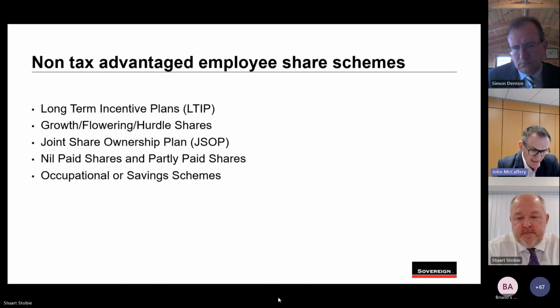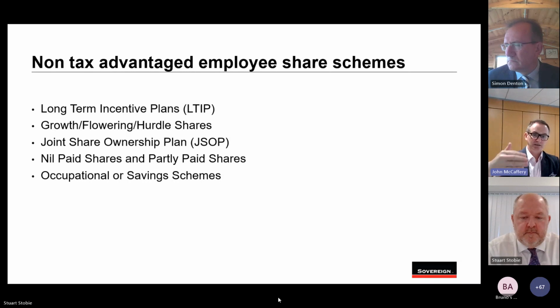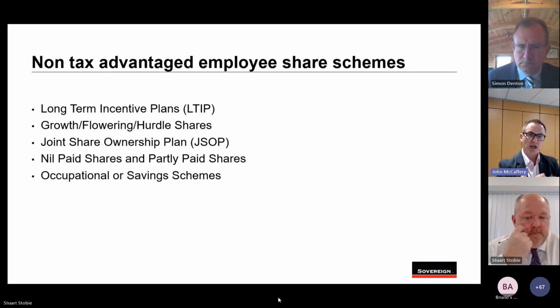Right. Now, the idea behind a growth or flowering share, from the tax advantage point of view, but also from the point of view of actually trying to drive growth into the business, is that if you are given a share and you know the current value of the company, and you set the point at which people can share in the value of the company sufficiently above the current value, that share has a much lower value.